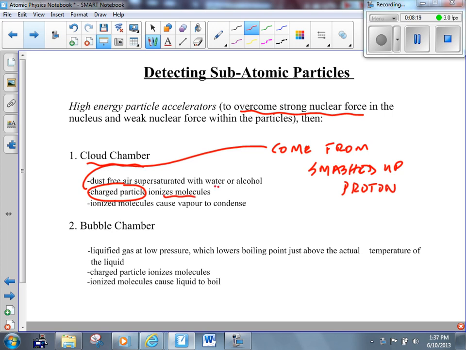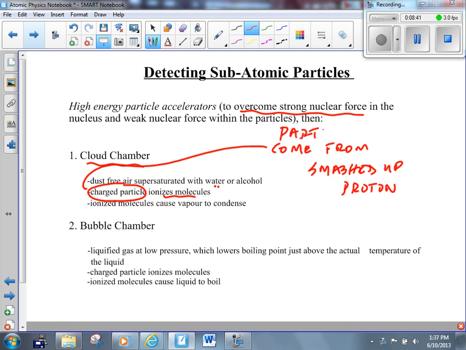They ionize the water and the alcohol molecules. These ionized molecules cause the vapor, cause this gas, to condense. We form a condensation trail behind these particles.